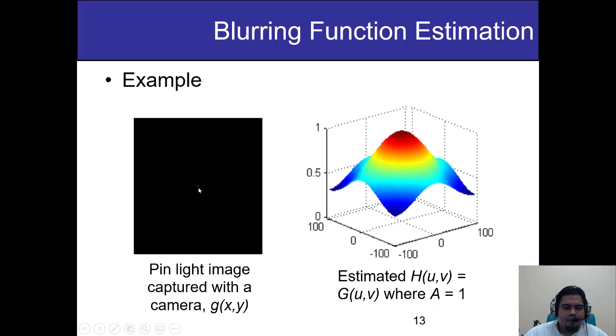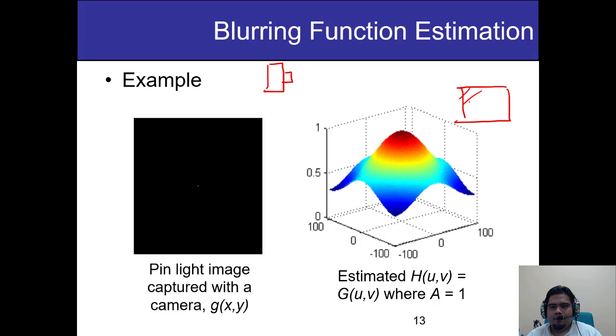Okay, I don't have any experience doing the exact experiment, but I can imagine if this is your camera, what you do is create one black cardboard, and you just drill one very small hole there. Then you place the cardboard in front of the camera, and you put some very high lighting condition there.